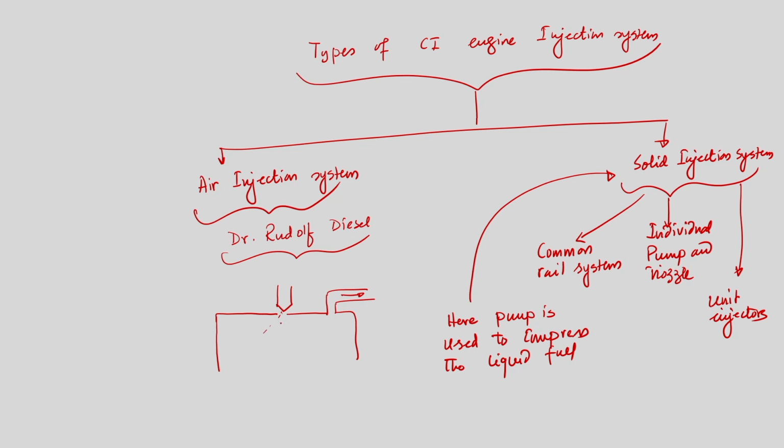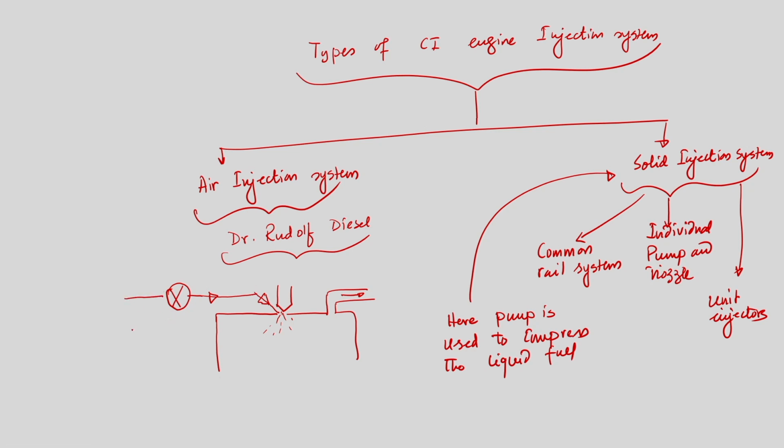Now, fuel will be swept in by connecting one high pressure air supply line. So, we need to have one compressor and this high pressure supply line.